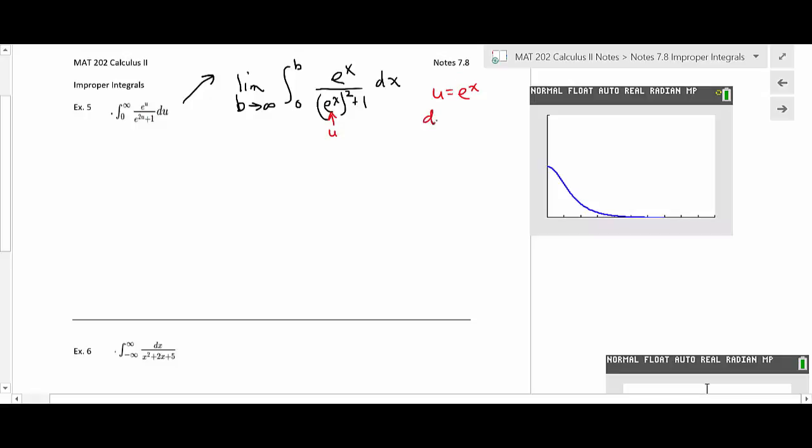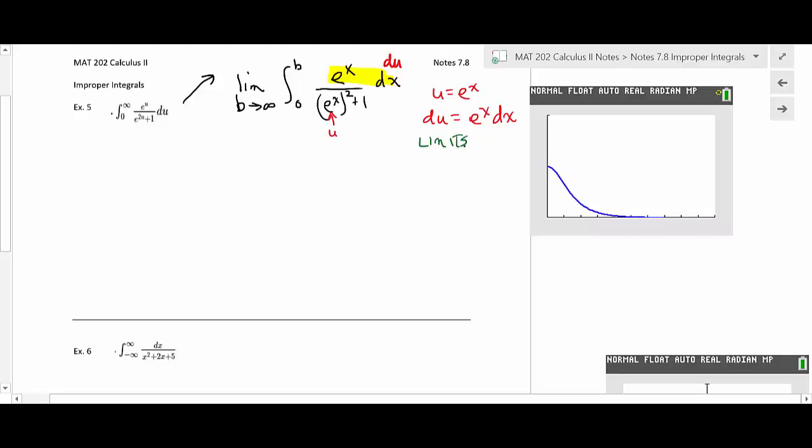Now, du is going to be, well, we know the derivative of e to the x is e to the x dx. So that means that this thing right here can be your du. Okay, like that. So we're going to replace this with du while we have u just being e to the x. Now, you also want to change the limits of integration as you're doing this. So let's go ahead and get the limits taken care of.